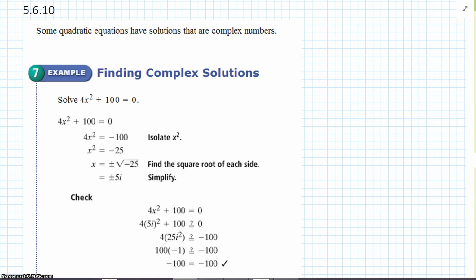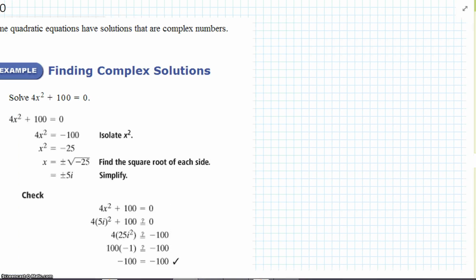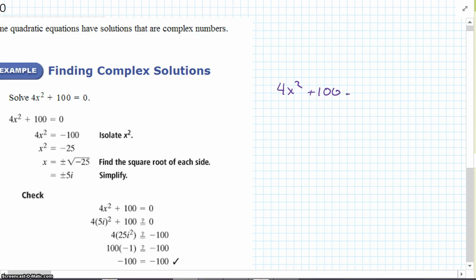Some quadratic equations have solutions that are complex numbers. So for example, finding complex solutions. Solve 4x squared plus 100 equals 0. So we set it up, 4x squared plus 100 equals 0. We're going to isolate the variable, so I'm going to get 4x squared equals negative 100.